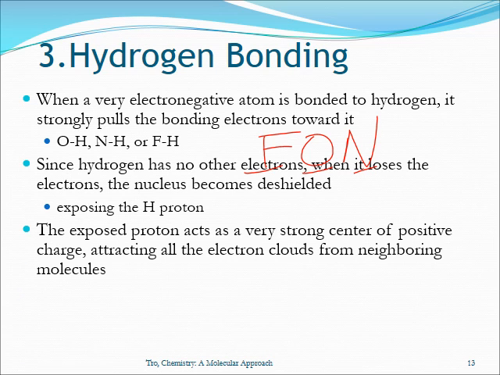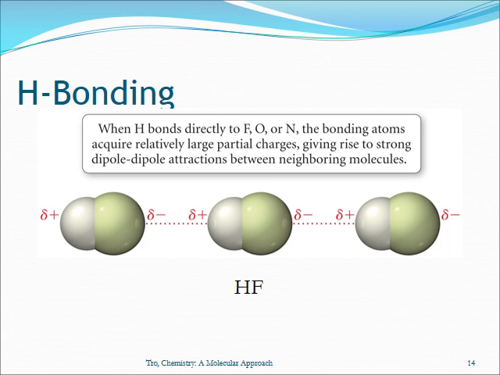That proton acts like a very strong center of positive charge, and it attracts the electron clouds from the neighboring molecules. Because oxygen, fluorine, and nitrogen are very electronegative, that works pretty well. When you look at hydrogen and fluorine bonded together here, more importantly, these charges right here make an attraction.